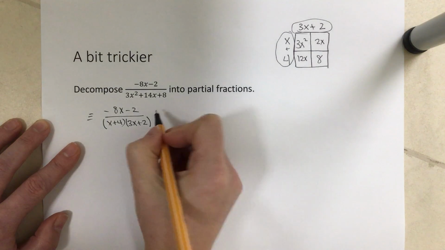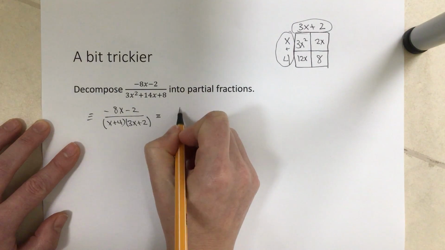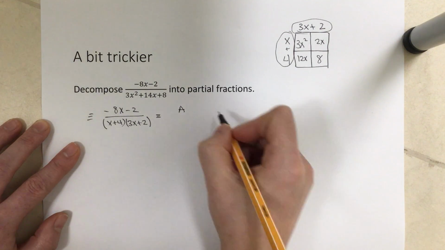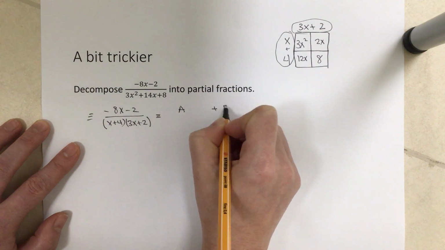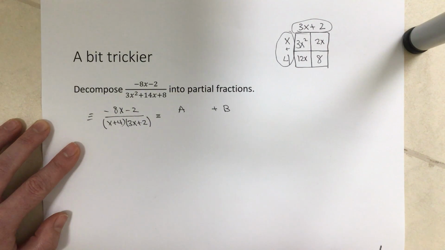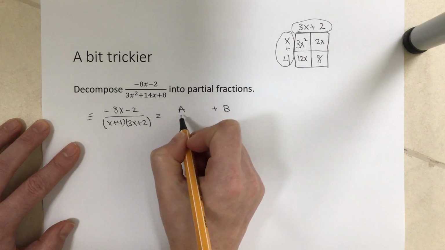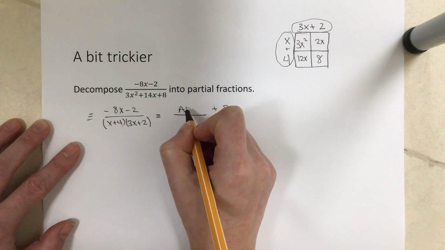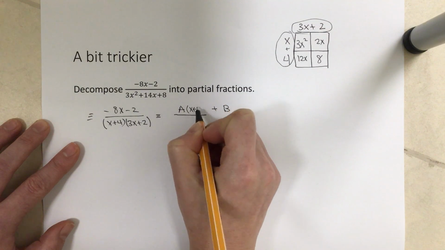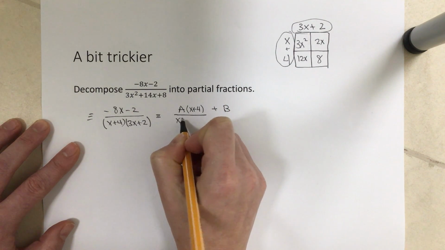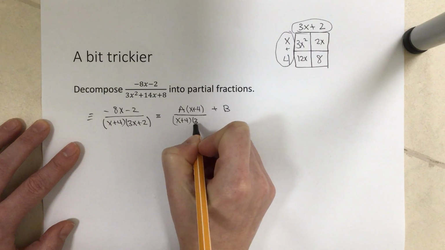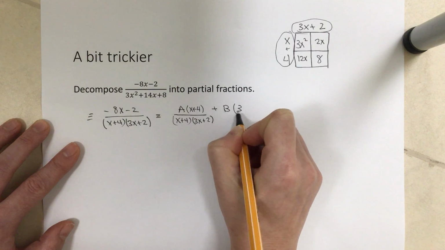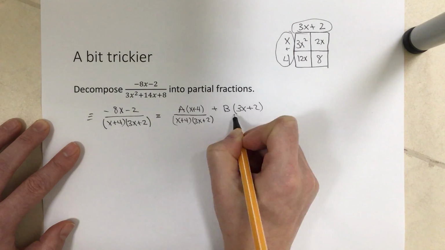And again, we want to be able to break this down into something over x plus 4 plus something else over 3x plus 2. So when I do all of this here, I can first think of it as a, for example, times x plus 4. I'm doing this in the opposite direction of the last one, but that's also fine to show you what I want.